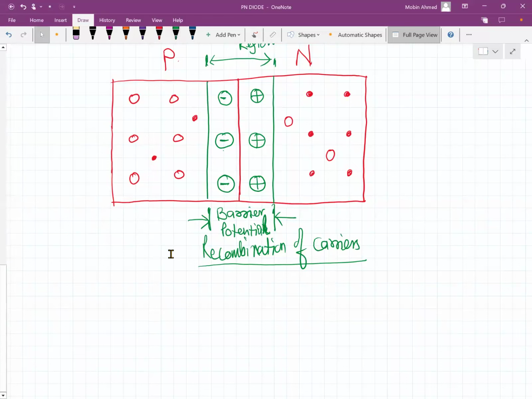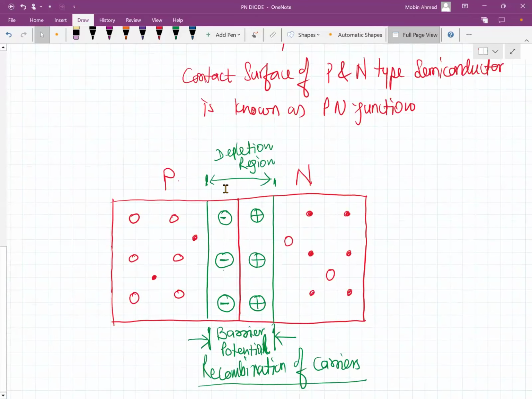When the recombination of the carrier started, the depletion region will develop, and in that the positive ion and negative ion will remain there. So it is going to have a positive charge in the N-type region and negative charge in the P-type region. So this will develop a potential across the p-n junction.